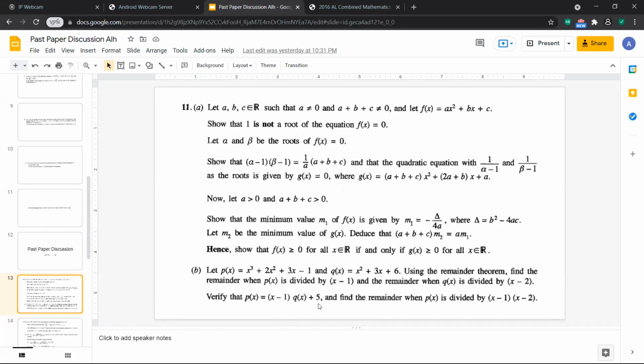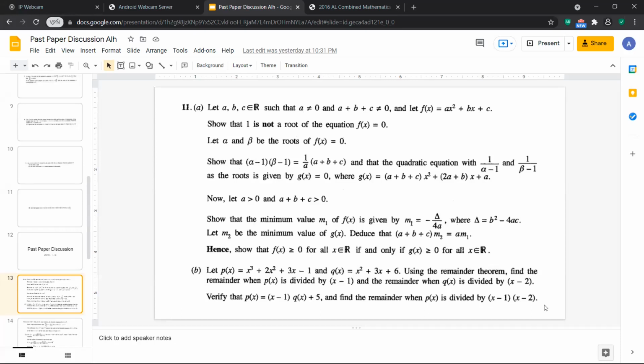And now they are asking, find the remainder when p(x) is divided by (x minus 1) times (x minus 2). How to do that? There are many methods.